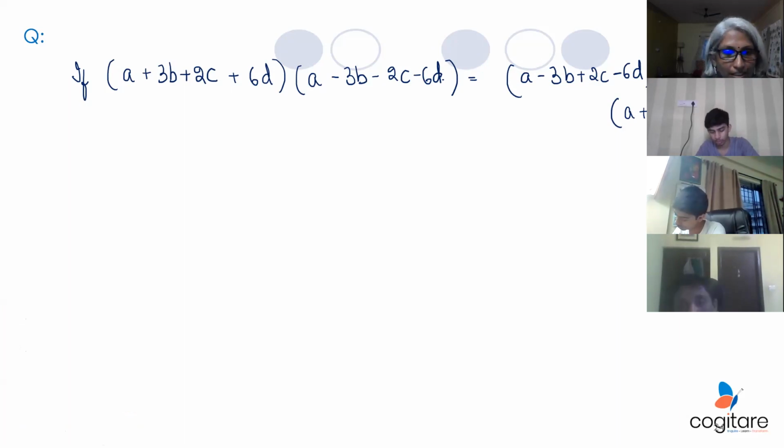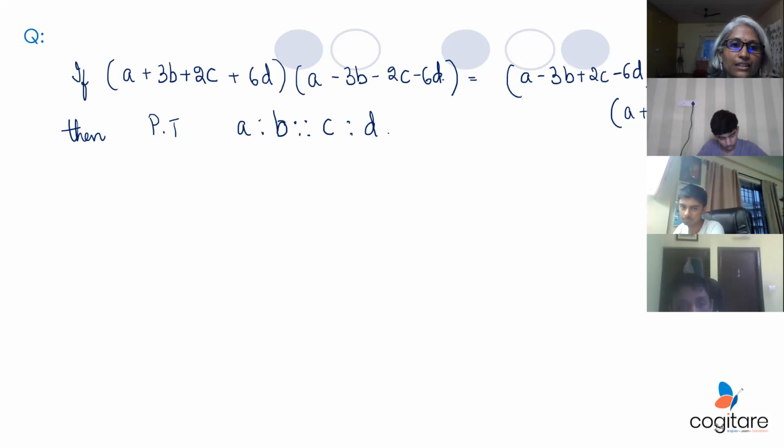This is given, okay? Then prove that A is to B as C is to D.